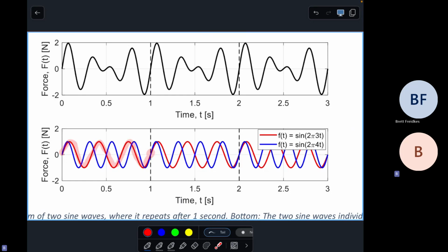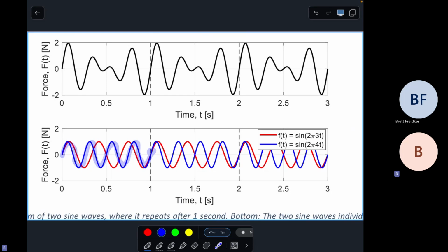That's a frequency of 3 hertz, 3 cycles per second. So in a second, you will see that we end up with 3 cycles. If you look at the blue, which has a frequency of 4 hertz, this will have 4 cycles in that same amount of time. You see there's 4 sine waves there, right?